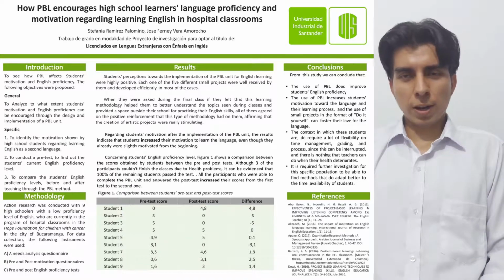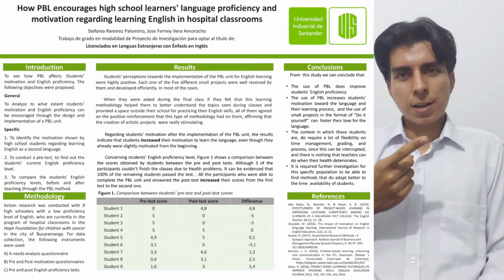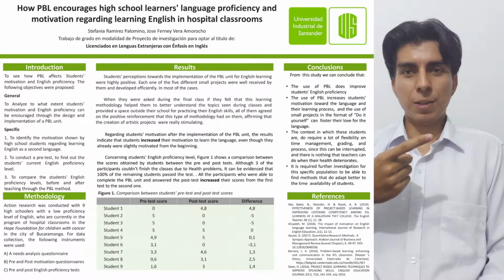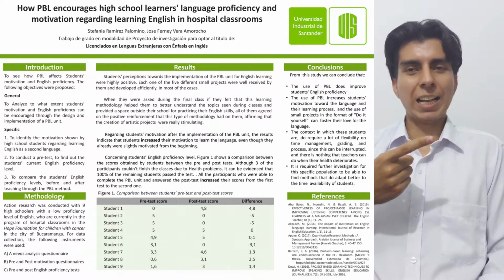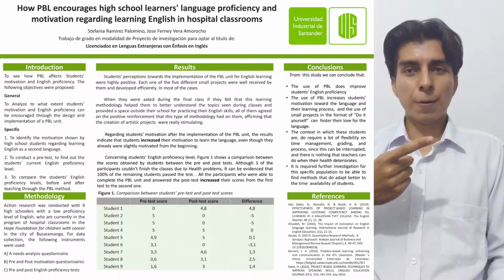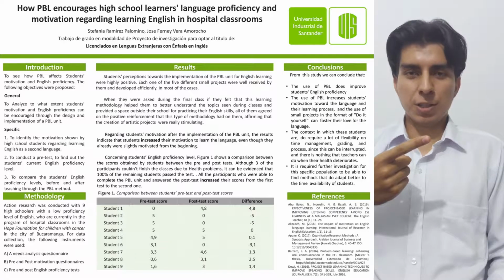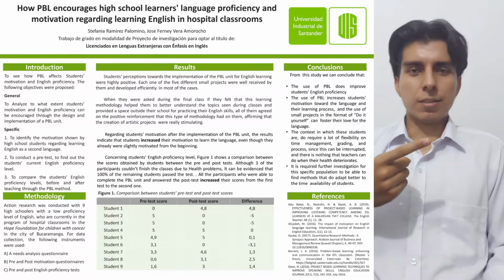For the results, first, students' perceptions towards the implementation of the PBL unit for English learning were highly positive. Each one of the 5 different small projects was well received by the students and developed efficiently in most cases.